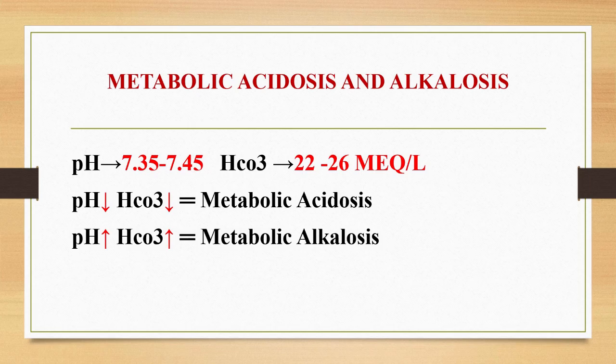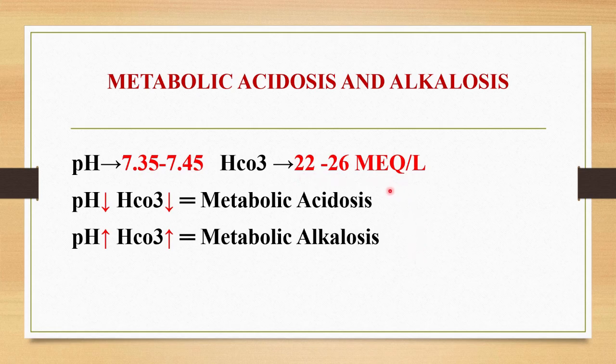In this, we can see how to identify metabolic acidosis and metabolic alkalosis. So here also you have to see the pH value as well as the bicarbonate value. The normal value of pH is 7.35 to 7.45 and the bicarbonate value is 22 to 26 milliequivalent per liter.